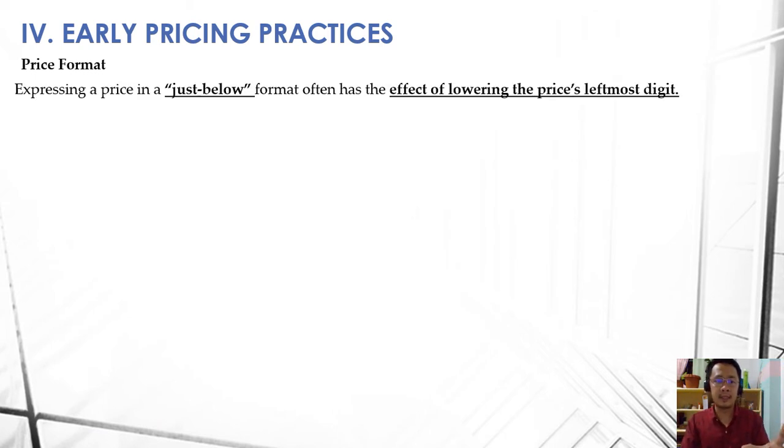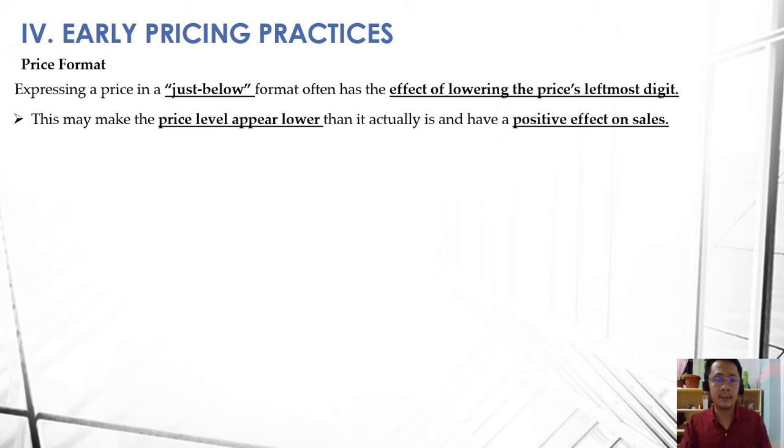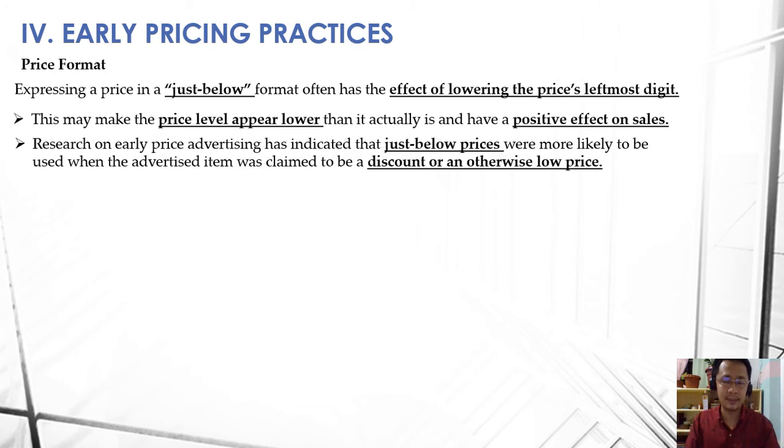Expressing a price in what we call a just below format often has the effect of lowering the price's leftmost digit. This may make the price level appear lower than it actually is and have positive effects on sales.